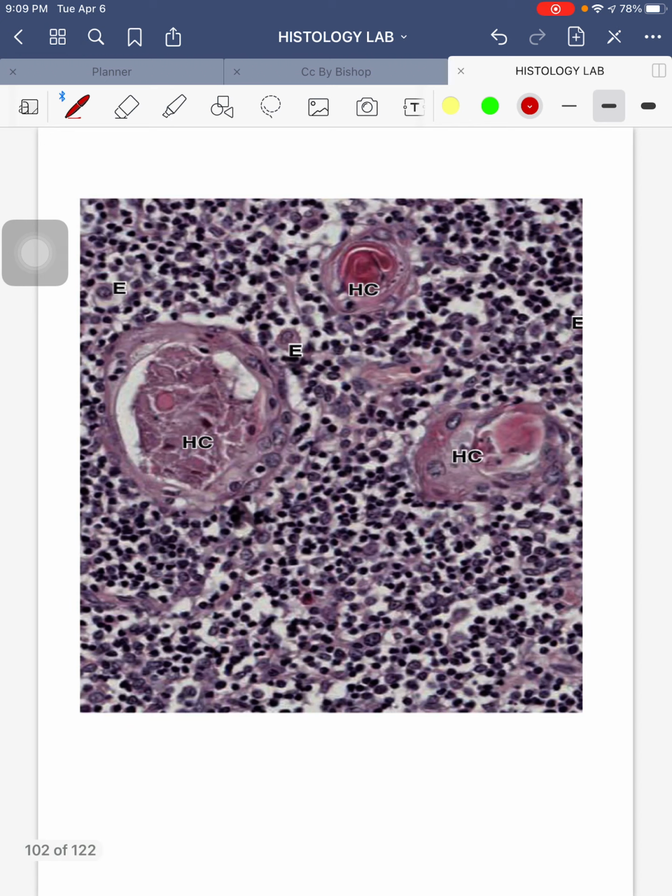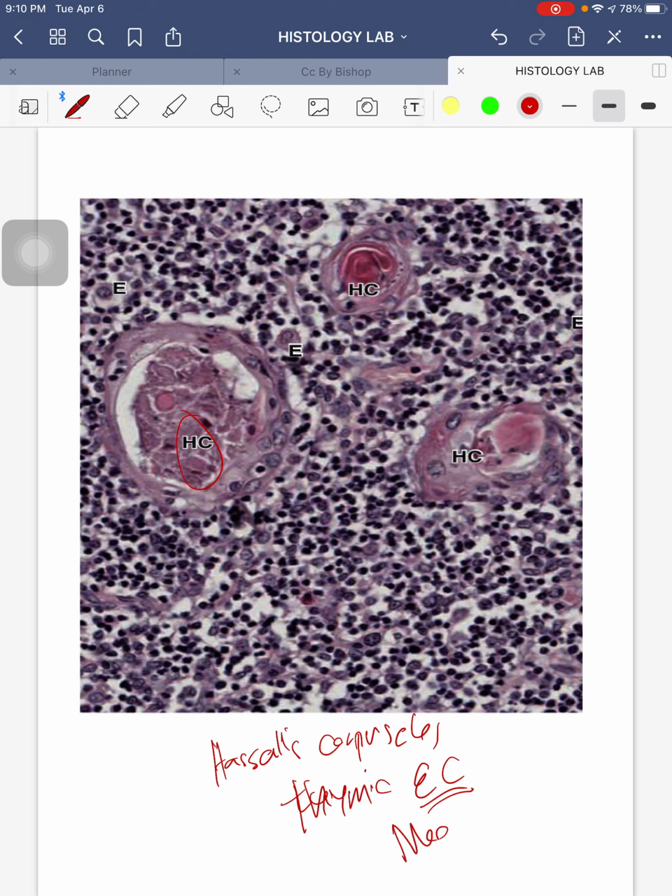What makes a thymus unique is the presence of your HC or your Hassall's corpuscles. Your Hassall's corpuscles are aggregates of thymic epithelial cells, located primarily in the medulla.